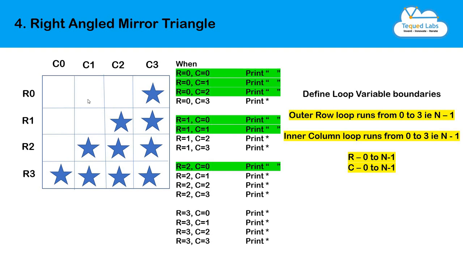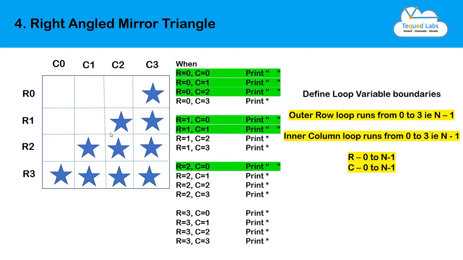So let us start writing the addresses of all the cells. When R0 and C0, that is the first row, we have to print a space. When R is 0 and C is 1, a space has been printed. R is 0 and C is 2, it's again a blank space. When R is 0 and C is 3, there is a star.